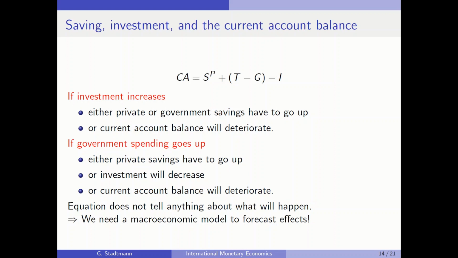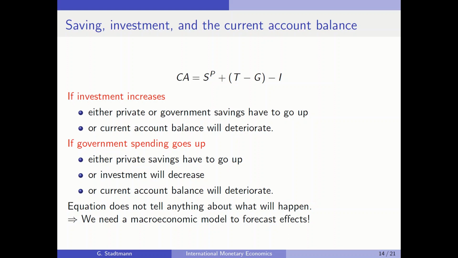For example, in a closed economy, we already know what happens in the ISLM world in case that the government increases government spending. This leads to an increase in GDP, but also the interest rate increases. So there is an interest rate induced crowding out effect. Investment will decrease because of this interest rate induced crowding out effect.